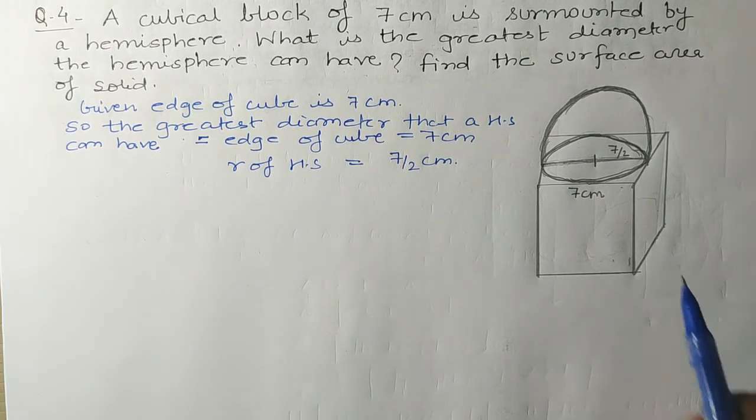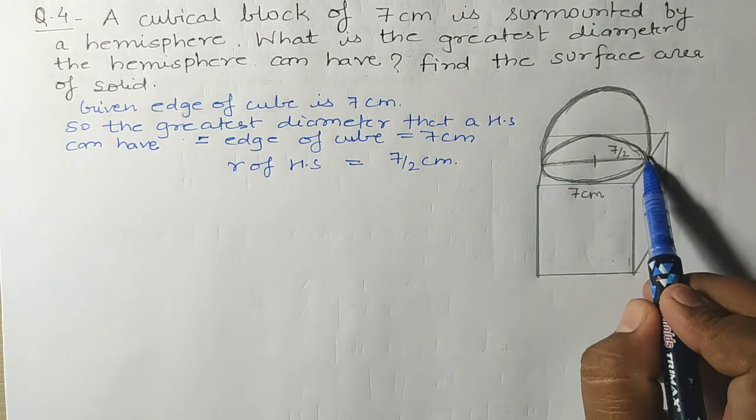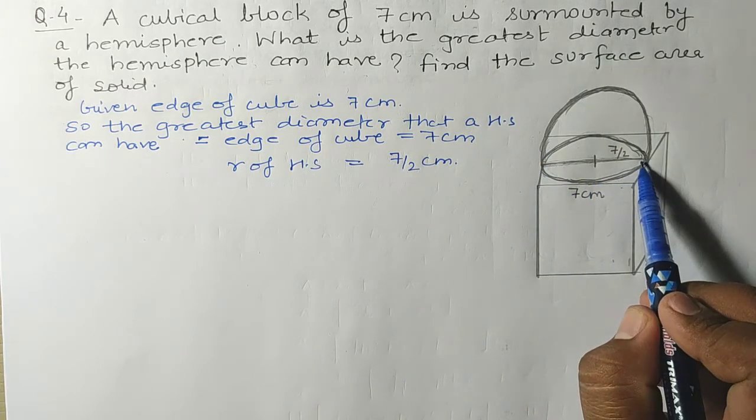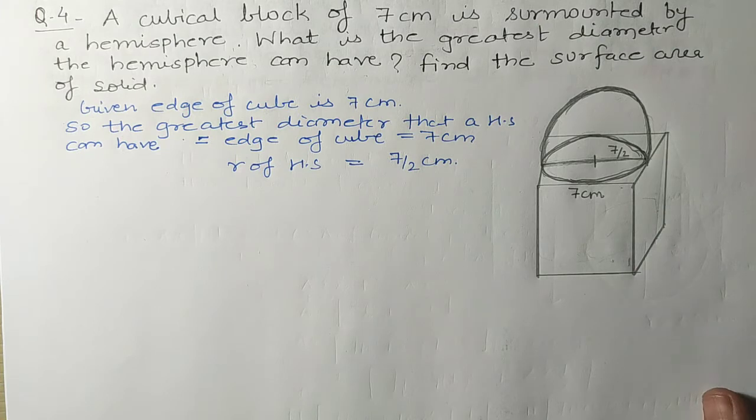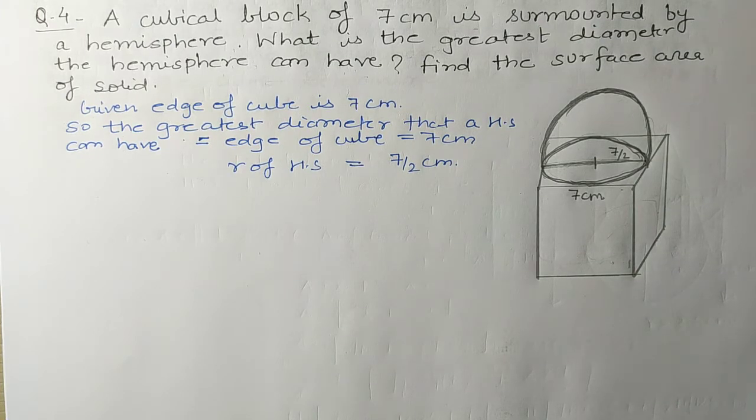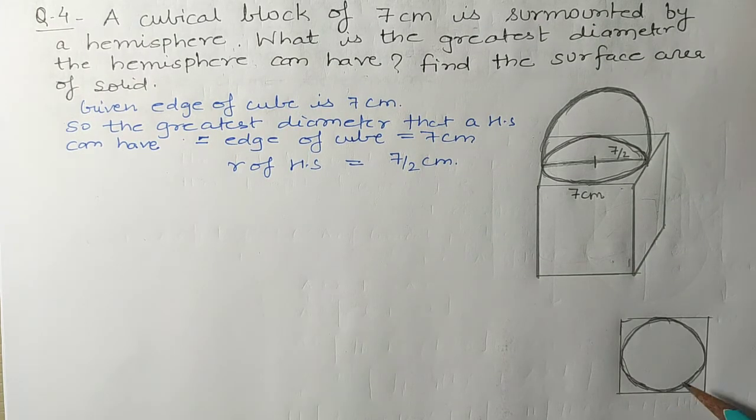Since this hemisphere is put on one surface of the cube, if you want to understand it, you can understand by this figure also. See, this is one surface of this cube, meaning this is the top of the cube, and this is the base of the hemisphere.